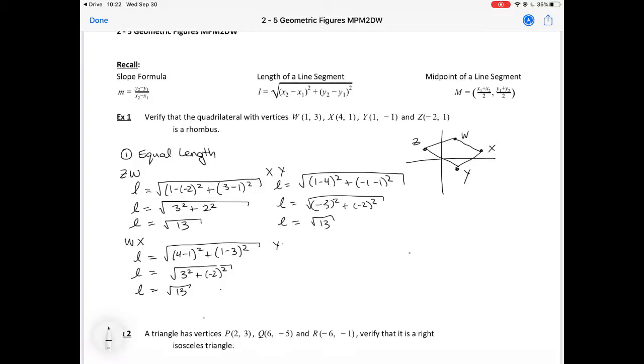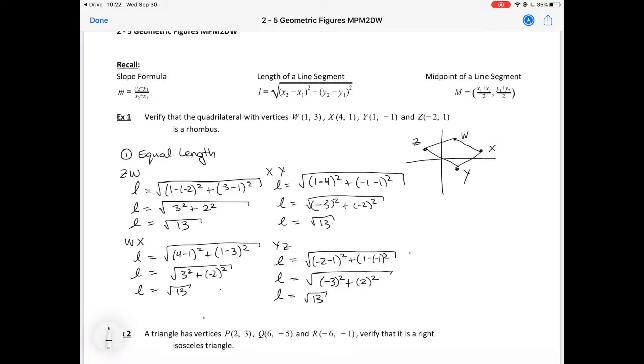The last one that I'm going to check is YZ. My length between those two is going to be minus 2 minus 1 all squared plus 1 minus 1 all squared, which again is minus 3 squared plus 2 squared, which is also going to give me root 13.